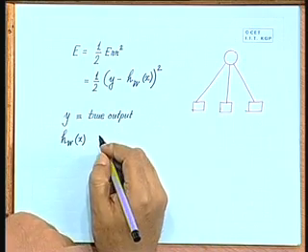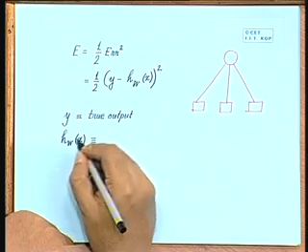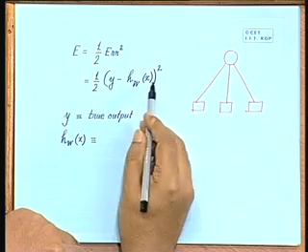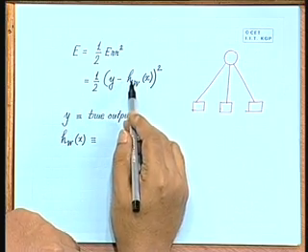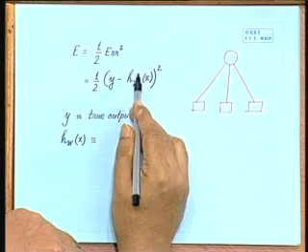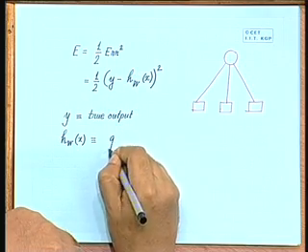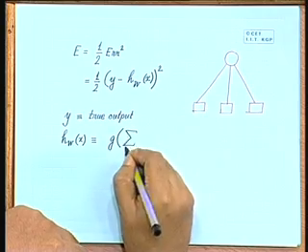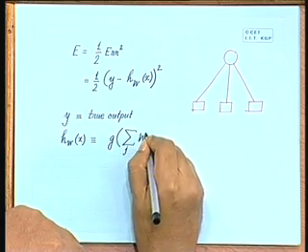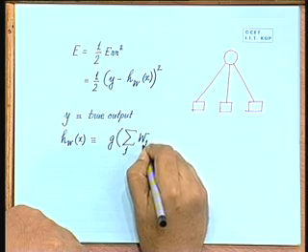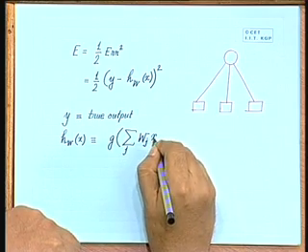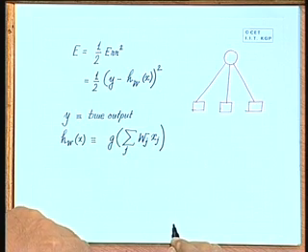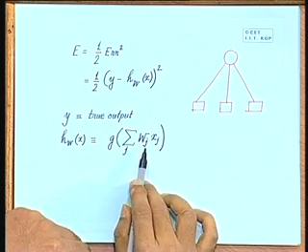What is x? x is the input, and h_W(x) is g of the total input function that it receives. So, we can write this as g over, where again we are dealing with vectors here.